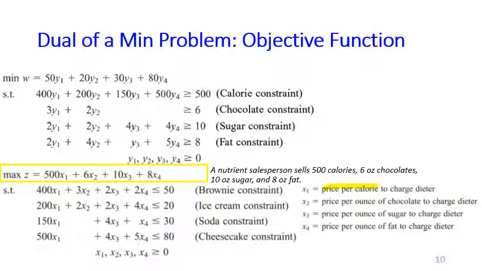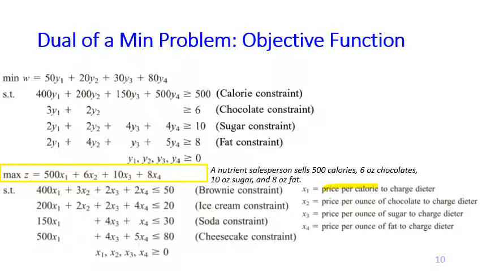X2 is the price per ounce of chocolate that the salesperson will charge. So imagine somebody is selling, hey, I will sell you calorie, I will sell you an ounce of chocolate, I will sell you an ounce of sugar, I will sell you an ounce of fat. And the price of each of those things is X1, X2, X3, and X4.